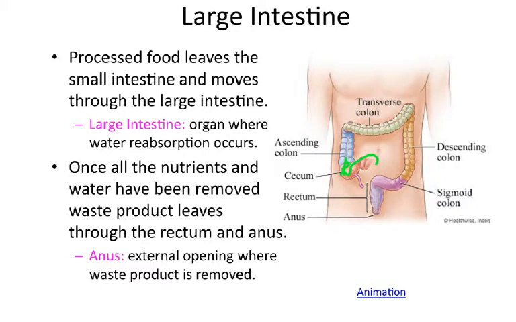It's tasked mainly with reabsorption of water and the formation of stool. Once the nutrients have been absorbed, everything that's basically left behind is waste and water. And so you extract that water to increase the efficiency of your body and reduce water loss. And then your body forms the waste products into a stool, which is eliminated through the colon.